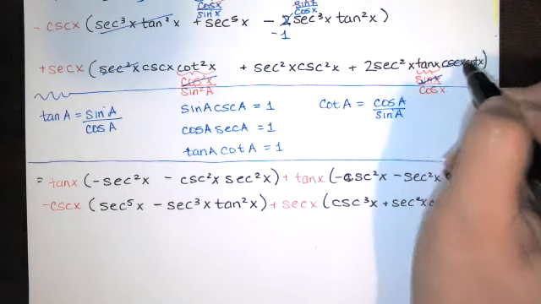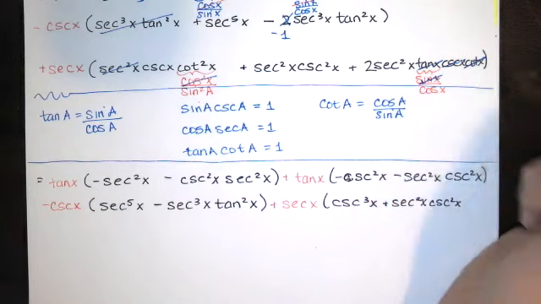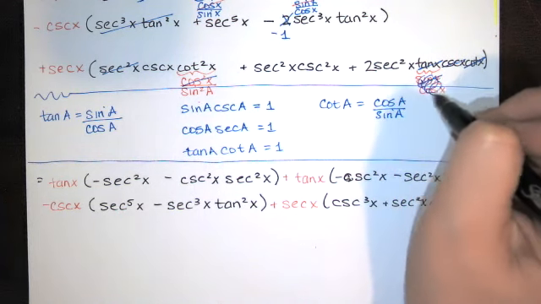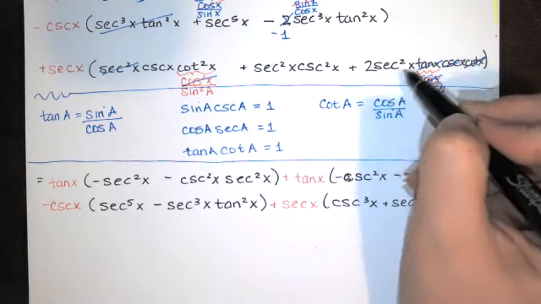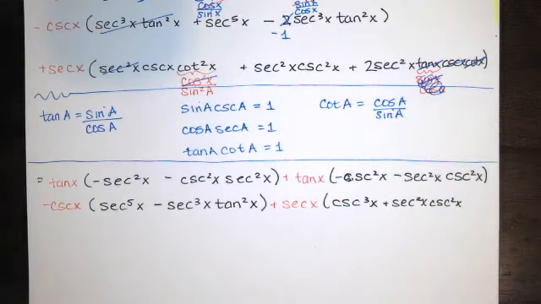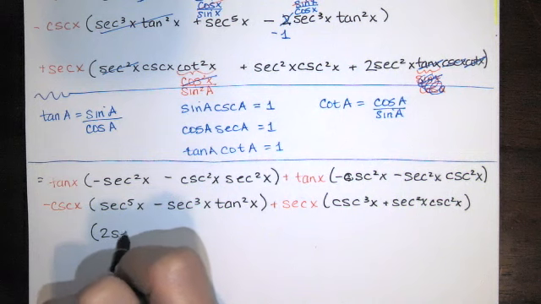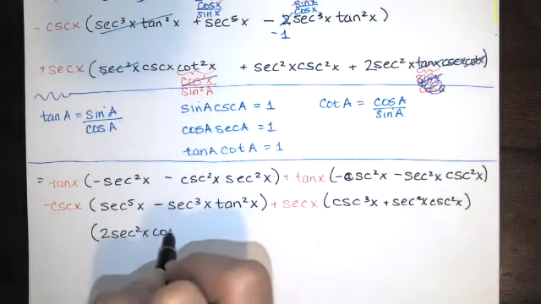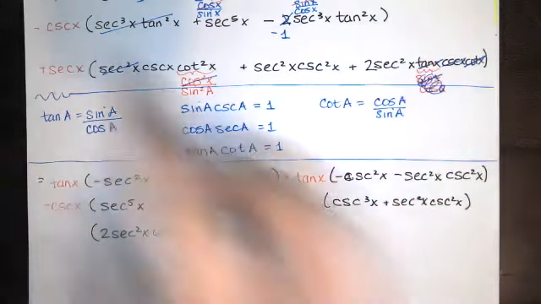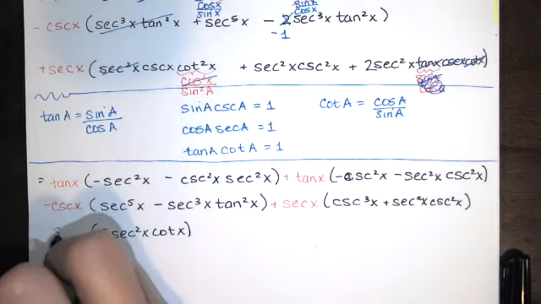Rather than doing that, sorry, let's get rid of the tangent and the cotangent. So we've got 2 secant squared x and a cosecant of x. And I've run out of space. So I'll just write that there, but don't forget it's multiplied by that extra secant on the outside.